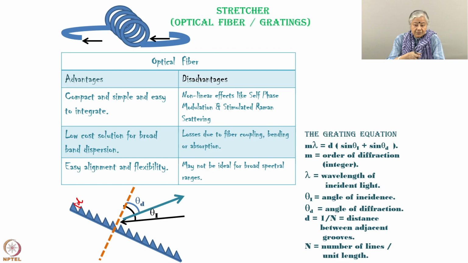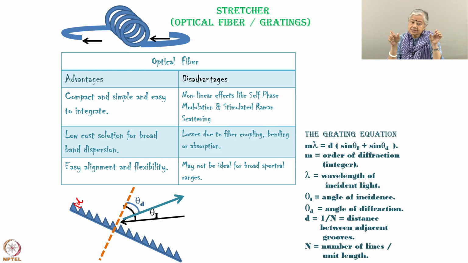And that will be inversely proportional to the number of lines per unit length. Number of lines means number of grooves per unit length. So, d is equal to 1 by n, the distance between adjacent grooves, and n is the number of lines per unit length. Generally, a grating is qualified by the number of lines per mm.